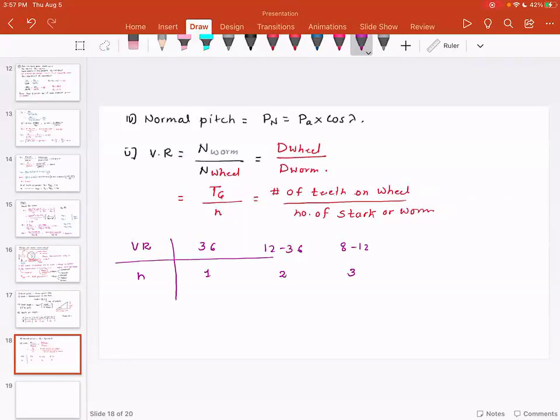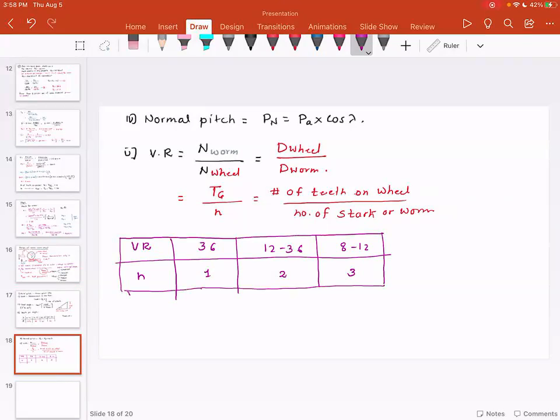So there is this guideline, but based on your design constraints, size constraints, and power requirements, depending on the application, you can choose appropriate values. And this table is 31.2.